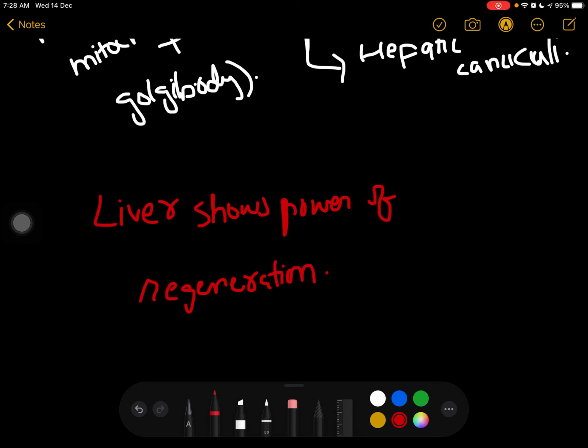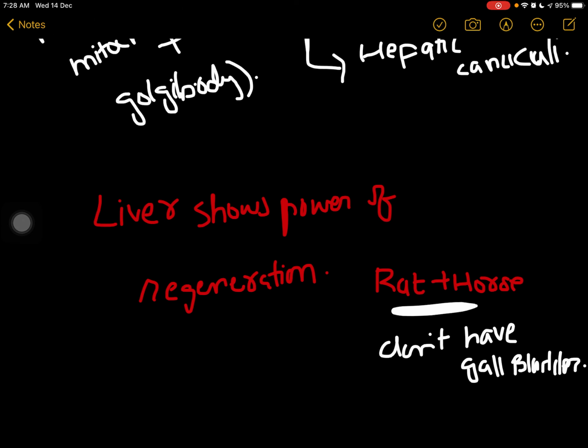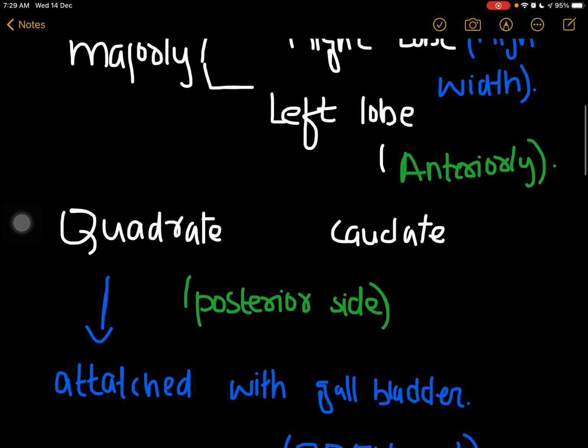One interesting thing to note is that rats and horses don't have a gallbladder. I hope this anatomy of the liver is clear to you.